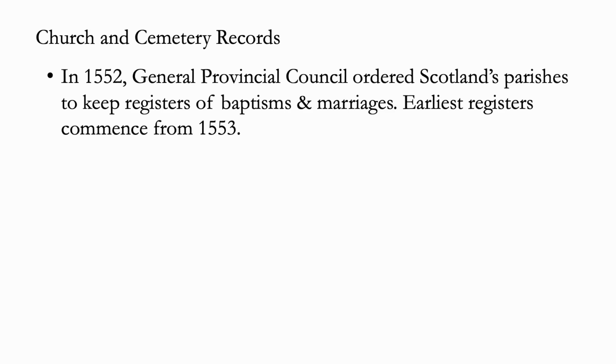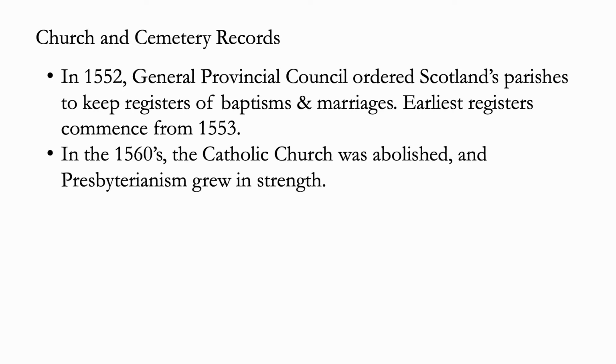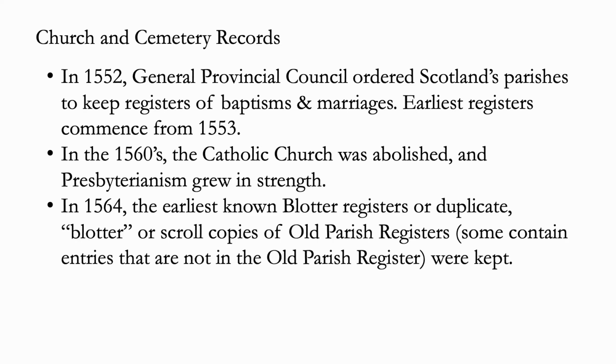Scotland's church records began in 1552, when the General Provincial Council ordered Scotland's parishes to keep registers of baptisms and marriages. The earliest registers commenced from 1553. In the 1560s, the Catholic Church was abolished and Presbyterianism grew in strength.